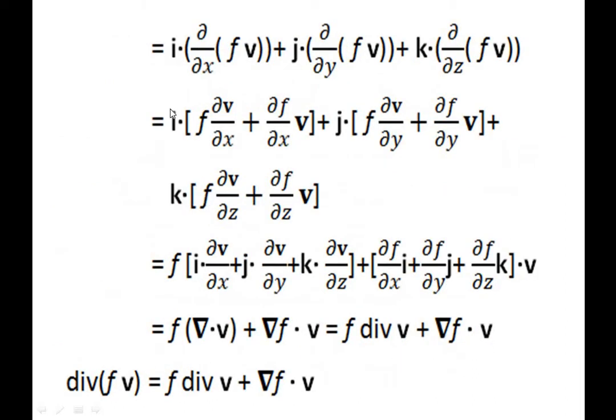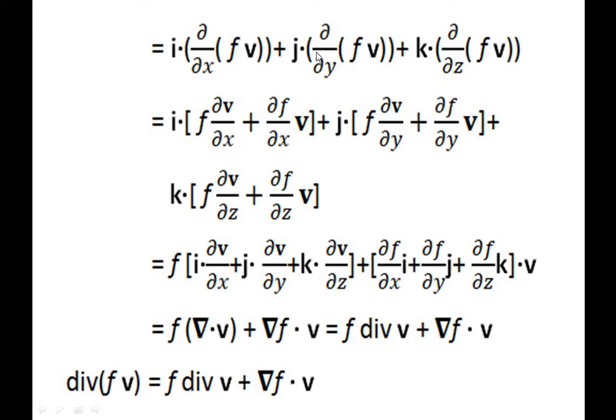Then we get i dot dou by dou x fv plus j dot dou by dou y fv plus k dot dou by dou z fv, where dou by dou x is the i coefficient of the gradient vector, and fv is the coefficient of the fv vector.